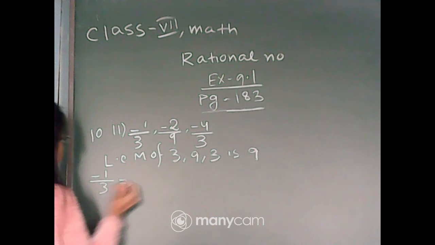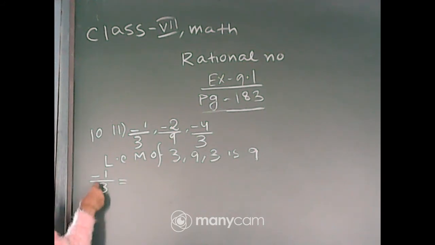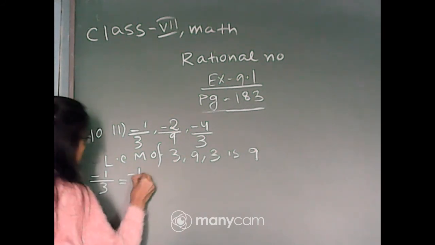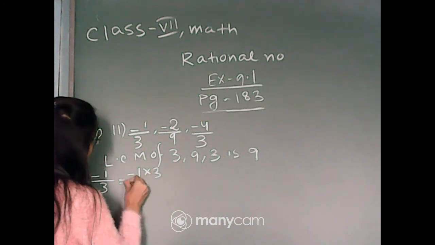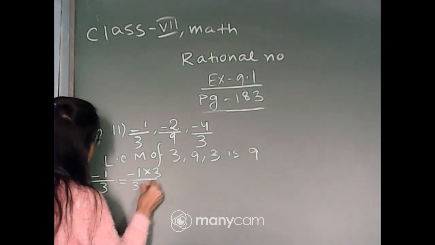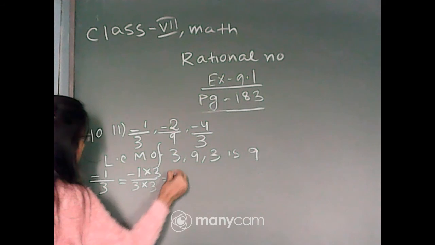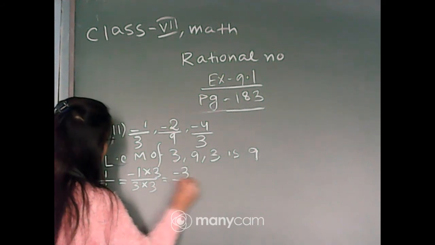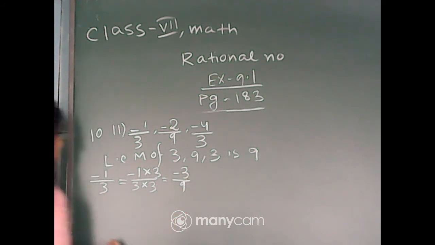So, to make the denominator 9, we multiply both the numerator and the denominator of this rational number by 3, and we get minus 3 divided by 9.